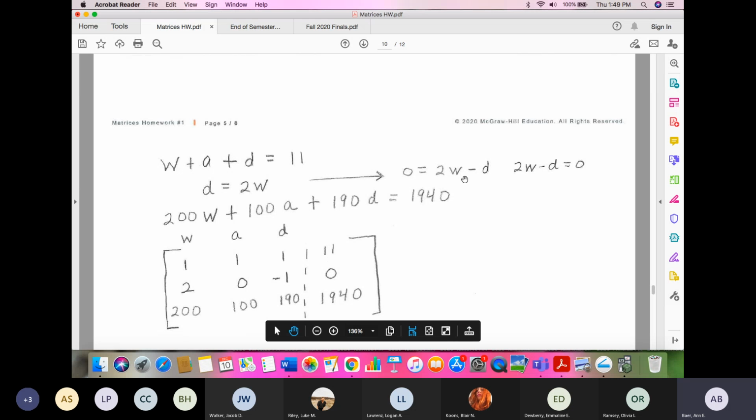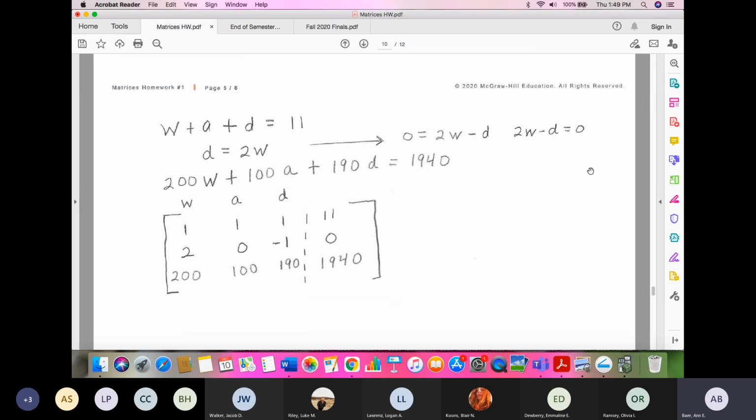So we need to move either the W to this side or the D to this side, one or the other, doesn't really matter. So let's subtract D from both sides. That will leave us with 0 on this side equals 2W minus D. And you can turn it around and write the 2W minus D on this side and the 0 on that side.